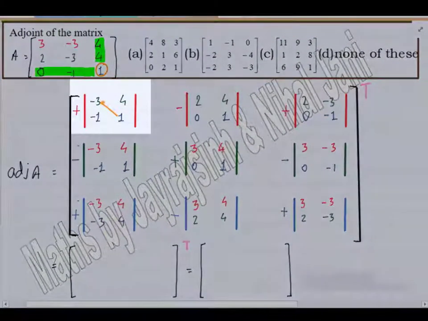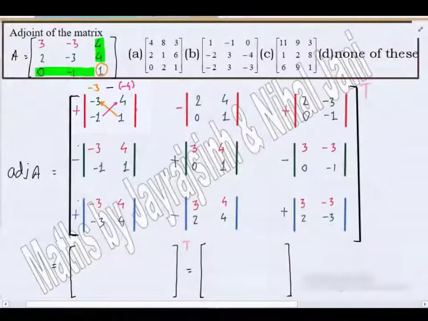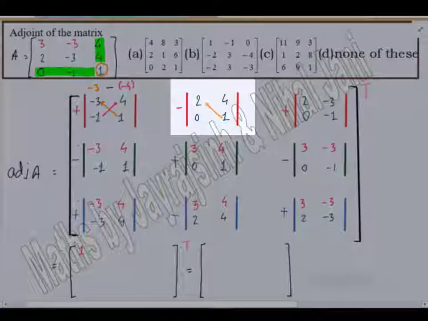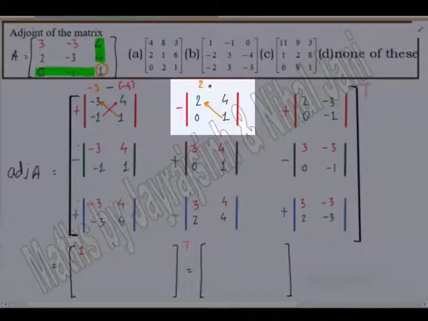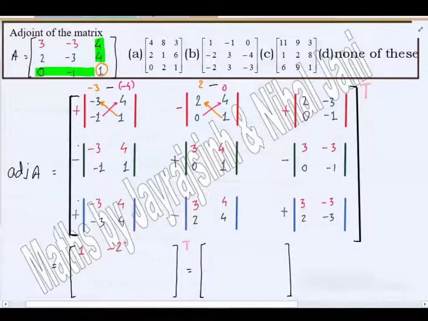Simplify. 1 minus 3 is minus 3, minus minus 1 4 is minus 4 will give us 1. Then next element is 2 minus 0 with negative sign, we get minus 2.